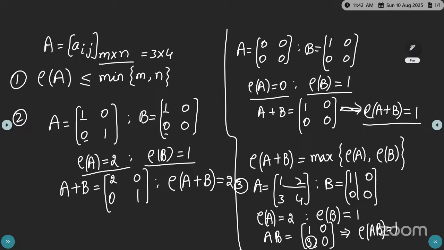You can make this 0 by using R2 minus 3R1. So the number of non-zero rows in the reduced row echelon form is only 1. How many are there in the reduced row echelon form? Only one non-zero row. Hence its rank is 1. So what is rank of AB? 1. Okay. Next.